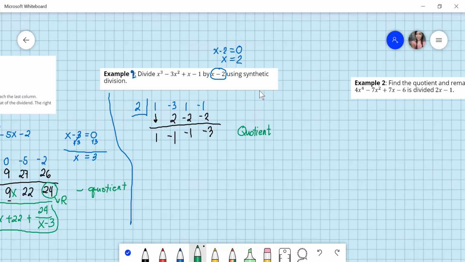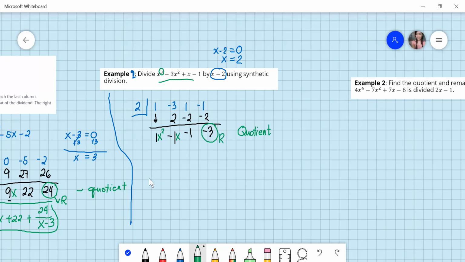To get the quotient, let's consider that the highest degree in our dividend is 3. So our quotient will have 2 as the highest degree, then x, and then a constant, and the last number will be the remainder.